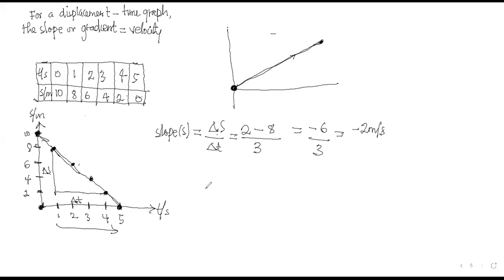So please, under displacement time graph, the slope of a displacement time graph is equal to the speed or velocity of the body. And this is for uniform velocity motion, where the displacement of the body increases in equal intervals with equal time.